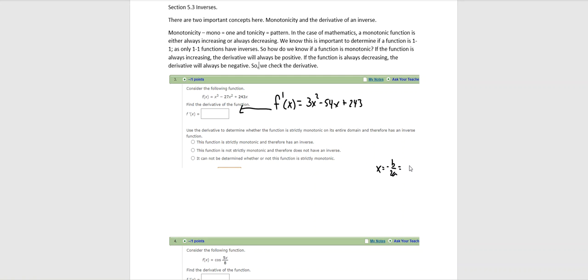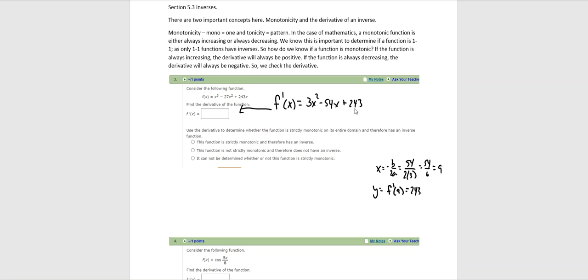If we look at the vertex, 54 divided by 2 times 3, that's 54 divided by 6, which is 9. The y-coordinate, f prime at 9, let me see, 9 squared is 81. 81 times 3, 243.